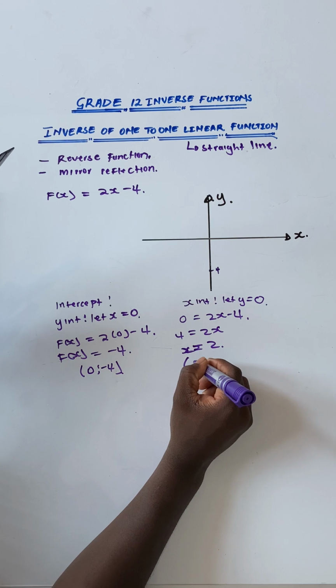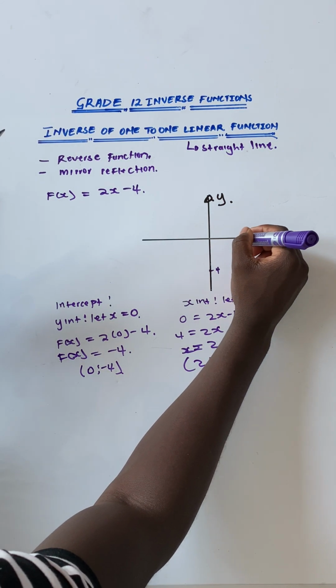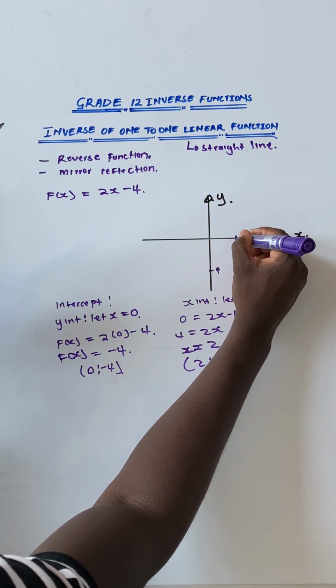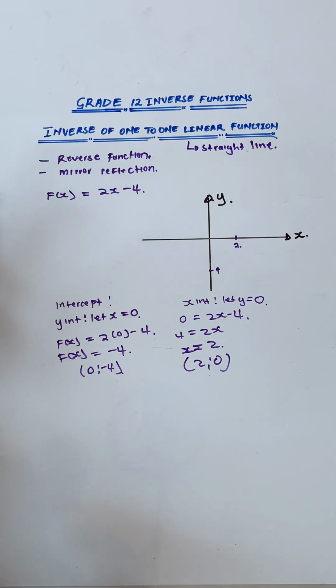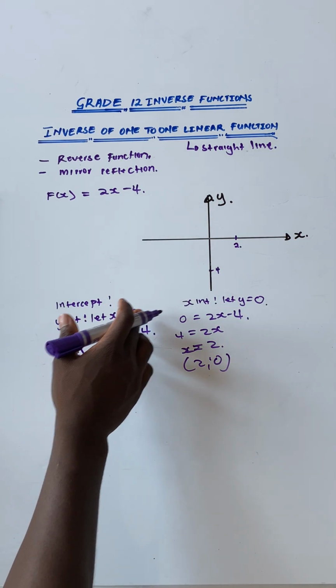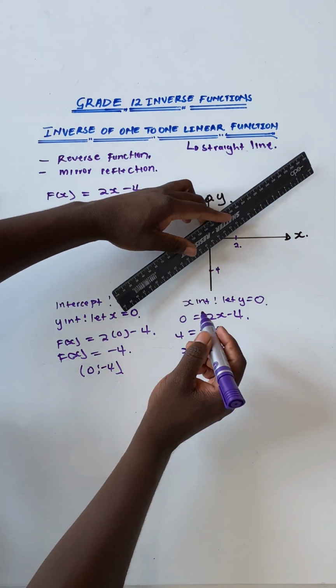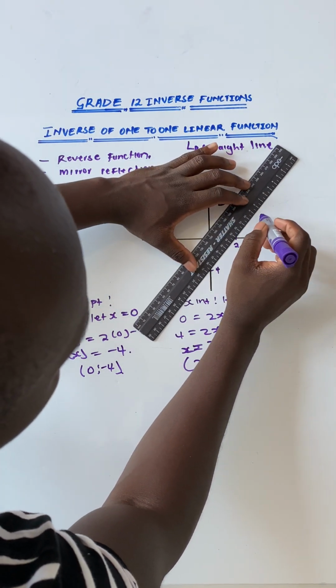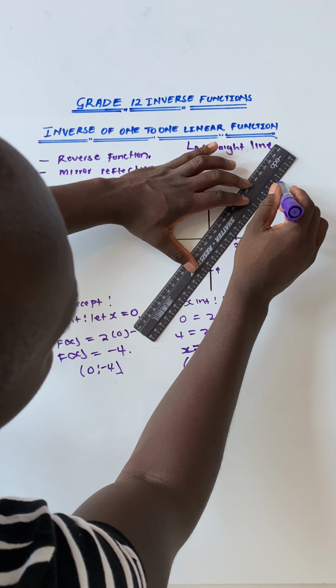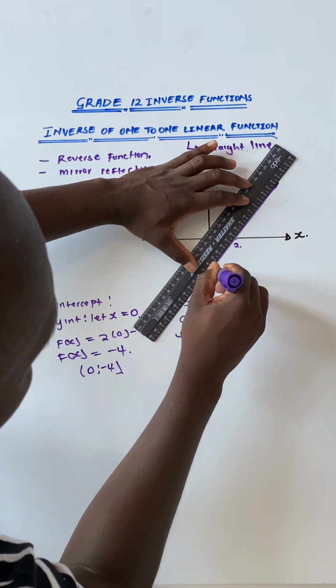So the coordinates there are (2; 0). We're expecting (2; 0) to be somewhere there. So we are expecting the graph to take this shape. This is f here, so we're expecting it to take the shape there.